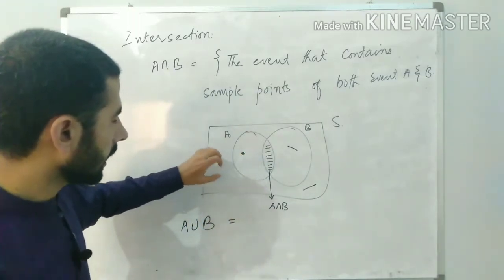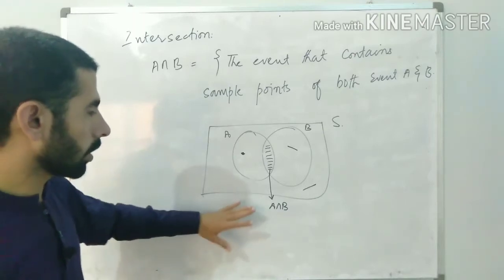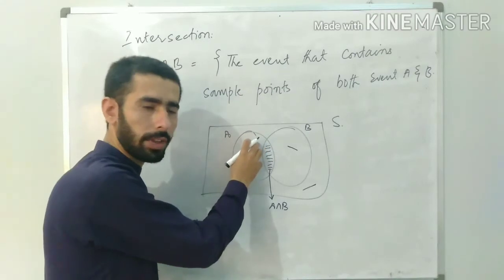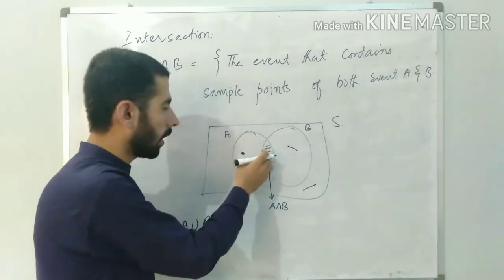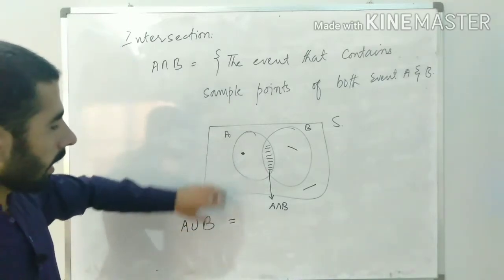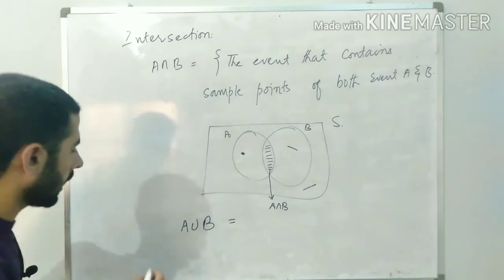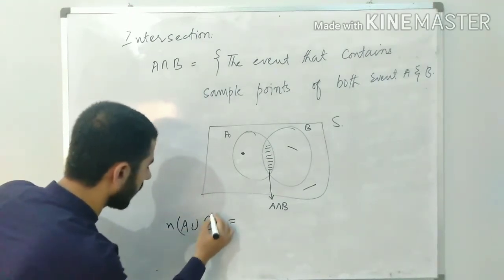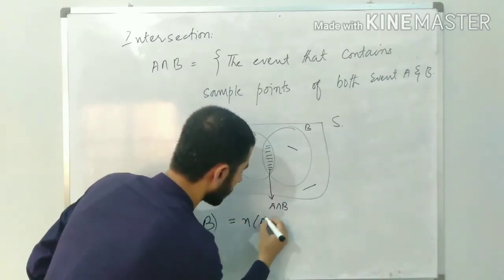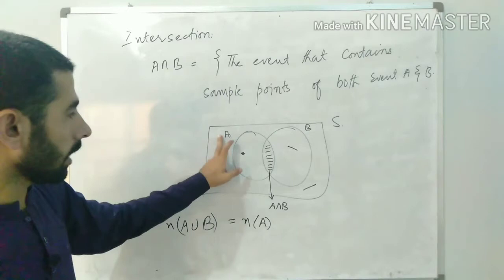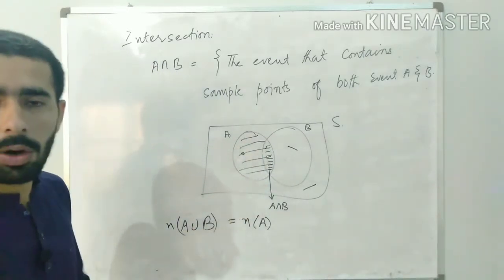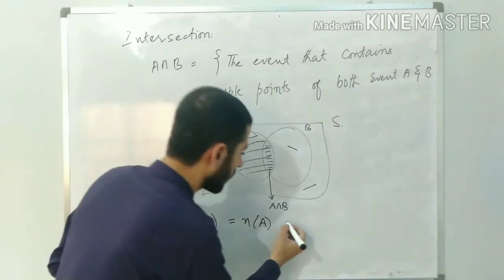We know that for the union you take all the elements of A as well as of B, and all those elements which are in both A and B. So to take all the elements in A union B, you take all the elements in set A or event A. That means I counted this whole event.